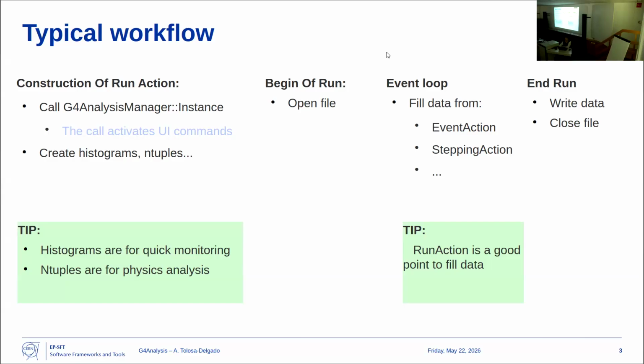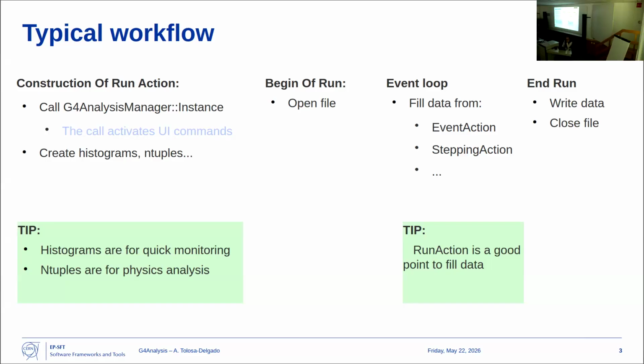But still, the run action is a good point to fill the data. If you remember the implementation that we have, the stepping action updates the event action's internal variable with the energy deposited during all the possible steps during the event. And when we reach the end of event action, we call the run action to tell it, okay, the event is done, this was the energy deposited in our target, in our volume of interest, during the event.